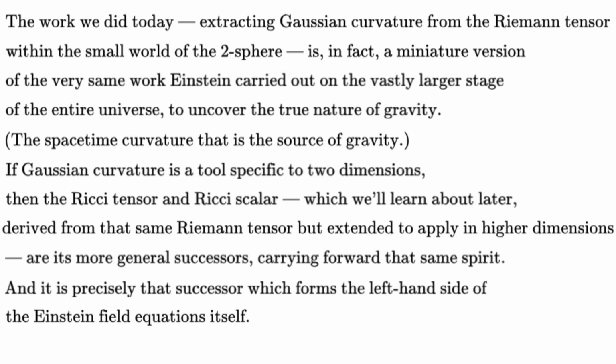If Gaussian curvature is a tool specific to two dimensions, then the Ricci tensor and Ricci scalar, which we'll learn about later, derived from that same Riemann tensor but extended to apply in higher dimensions, are its more general successors, carrying forward that same spirit. And it is precisely that successor which forms the left-hand side of the Einstein field equations itself.